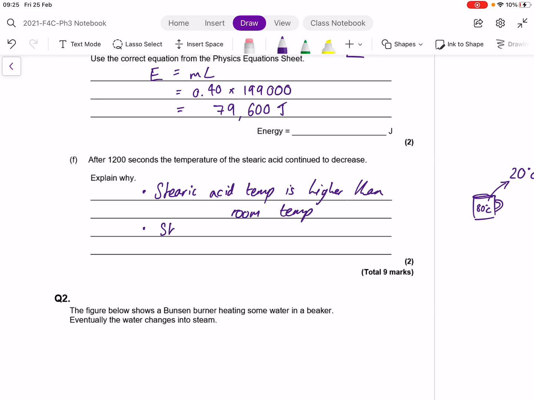So stearic acid will cool down until it reaches room temperature. And at that point, we'll say that they're in thermal equilibrium. That's the technical name when two things have reached the same temperature, thermal equilibrium. Okay, cool. That's the end of question 1.